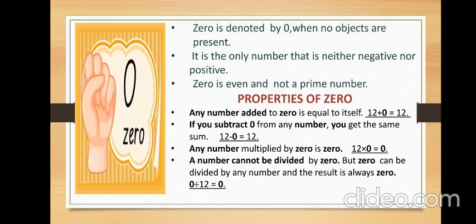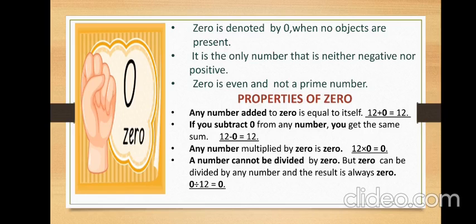Also, there are properties of 0. If you add any number with 0, the same number is retained. Also, if you subtract 0 from any number, the same number is retained. For multiplication, if you multiply a number by 0, 0 is the answer.